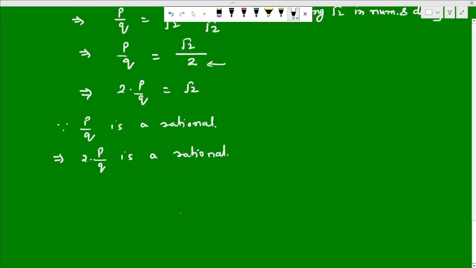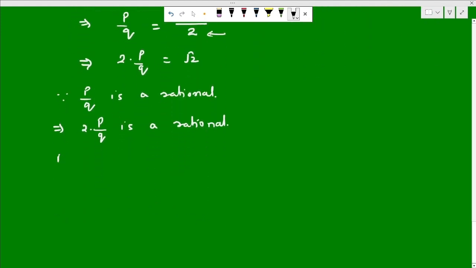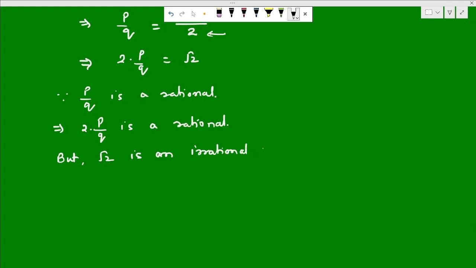That means the LHS is rational, but the square root of 2 is irrational, and a rational can never be equal to an irrational.